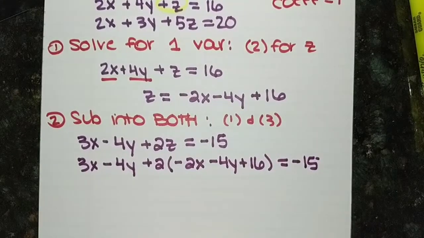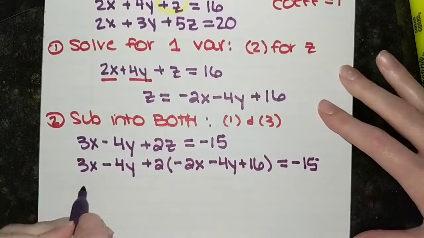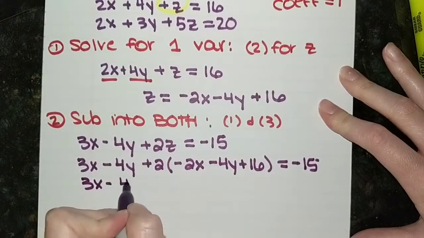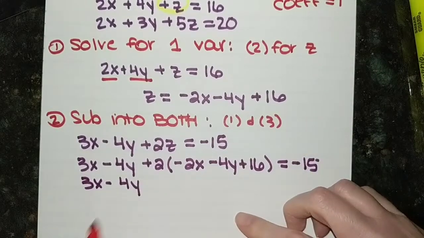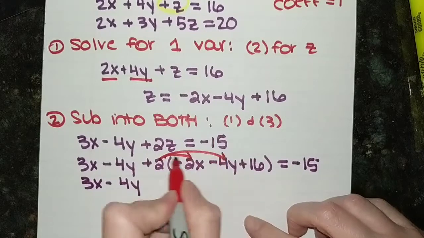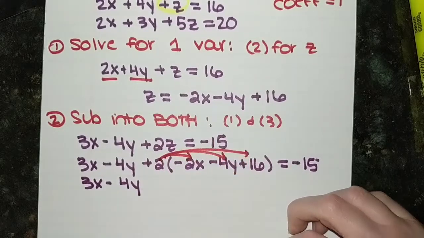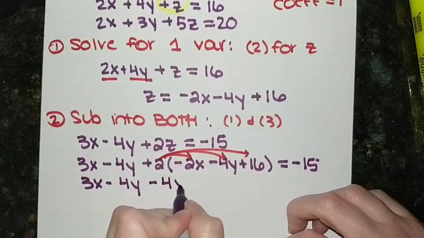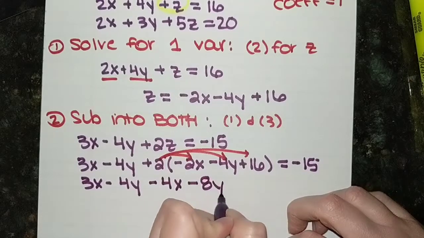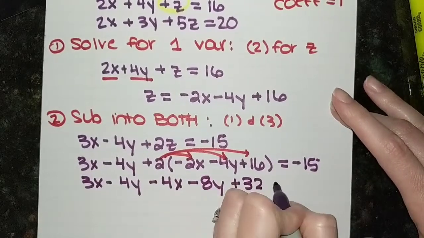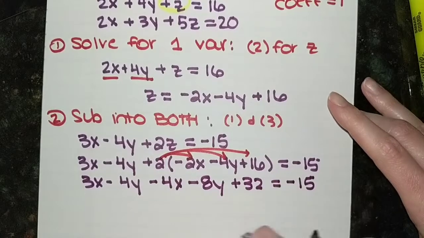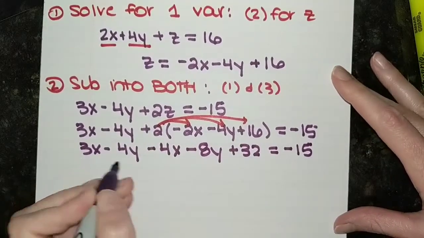Okay, now once I sub in, I simplify as much as I can, so I would have 3x minus 4y, and of course I'm going to need to distribute this 2 to all three of those terms. So it will be a negative 4x minus 8y plus 32 is equal to negative 15. And then combine like terms.